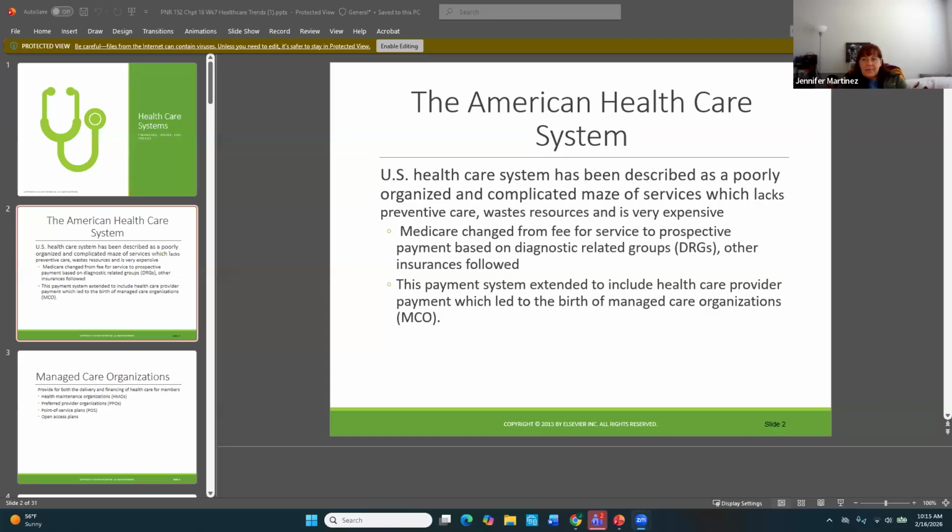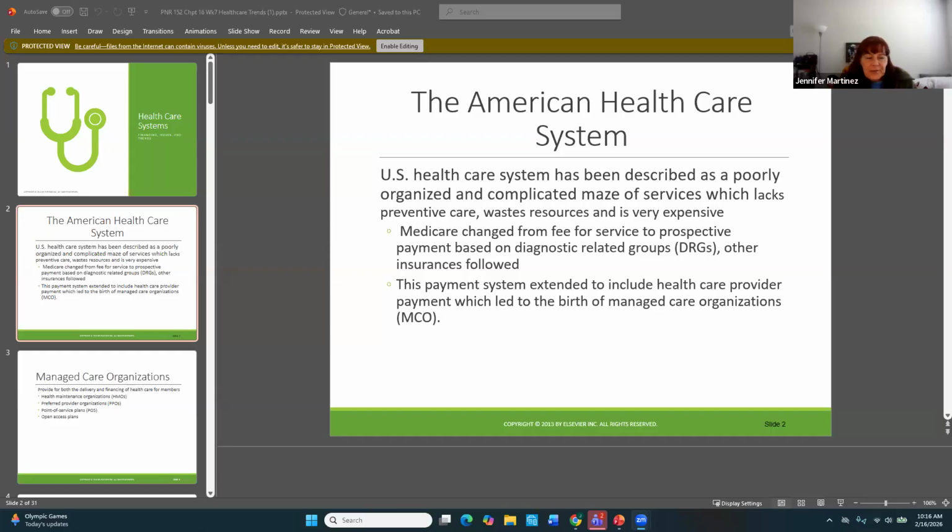So basically, what that means is, to help fight the cost of healthcare, let's look at what the diagnosis related group is. Let's say you go to get your yearly physical at your doctor's office, okay?